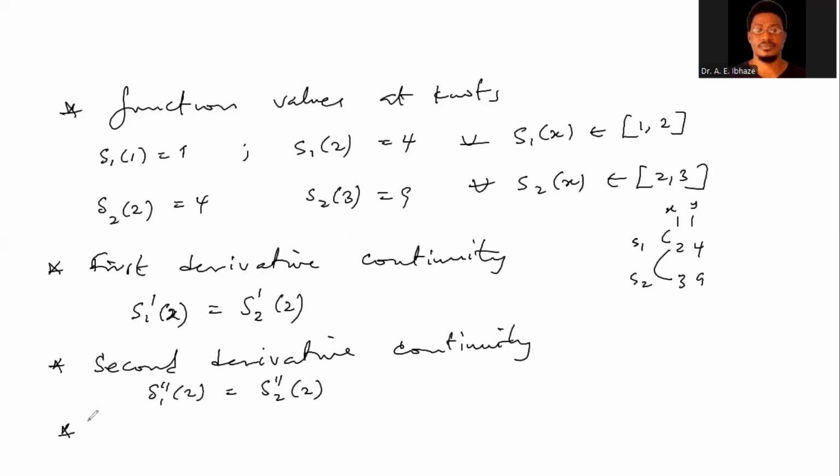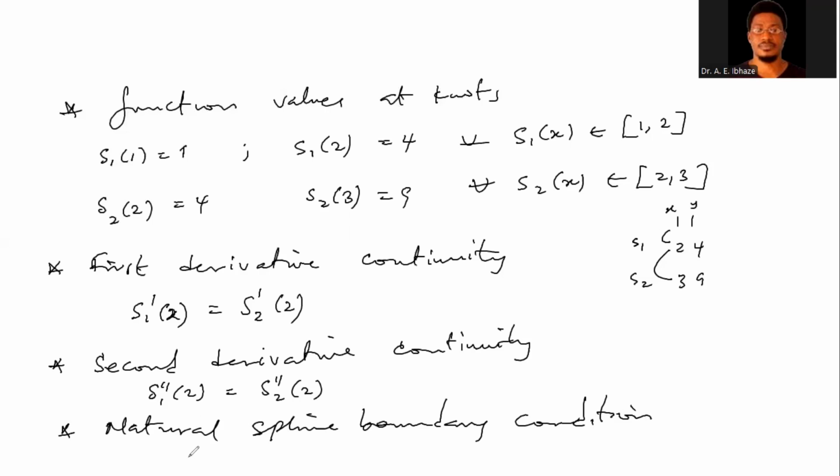And then the next thing is to provide the natural spline boundary condition. We already know that the second derivative of s1 of 1 must be equal to 0. The same way, the second derivative of s2 of 3 must be equal to 0. Okay?